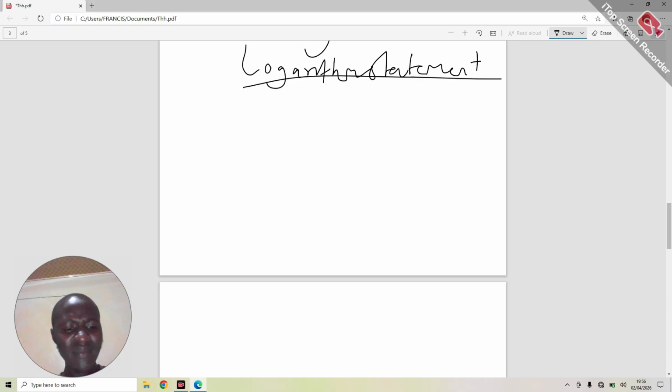Then the examiner needs you to find a certain log that he or she expresses in decimal places. Are you okay? Let us take on examples from the book.